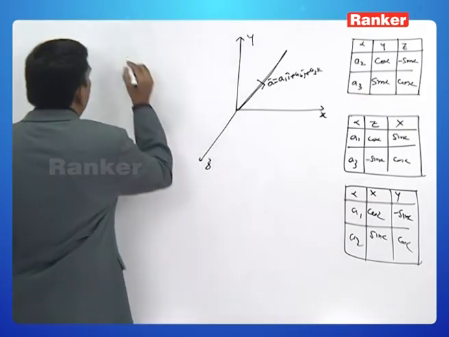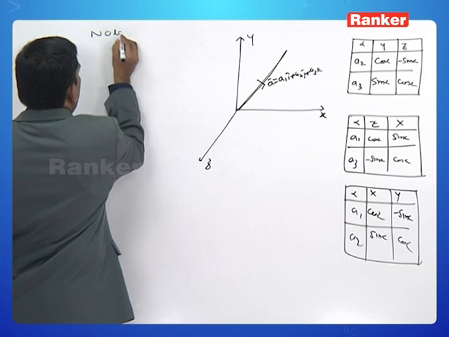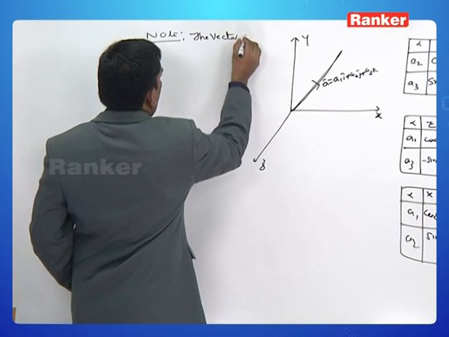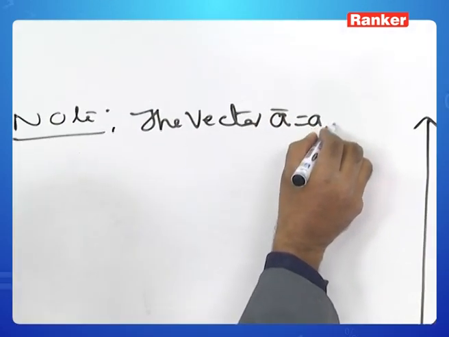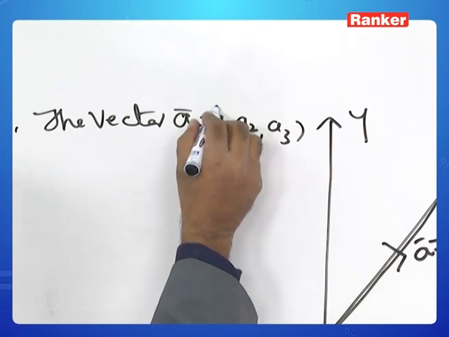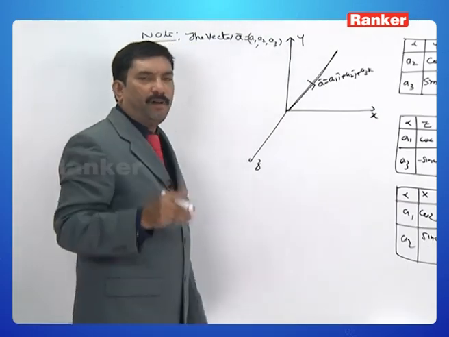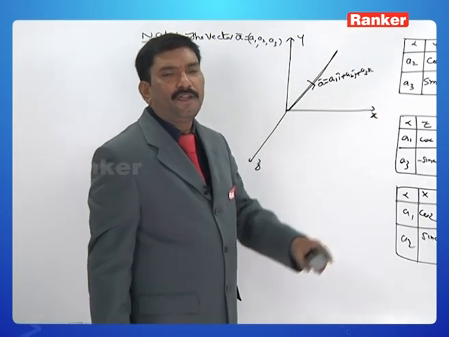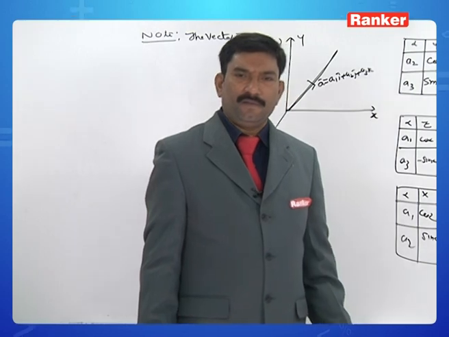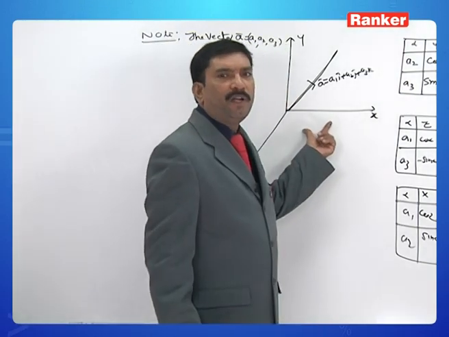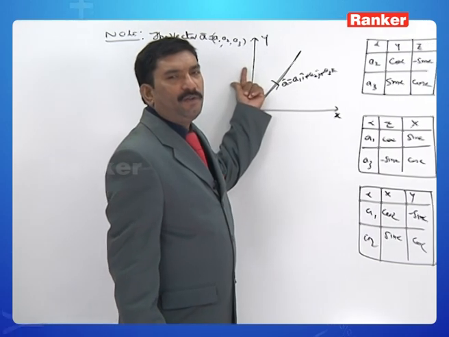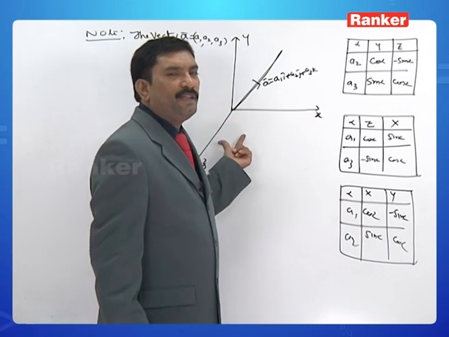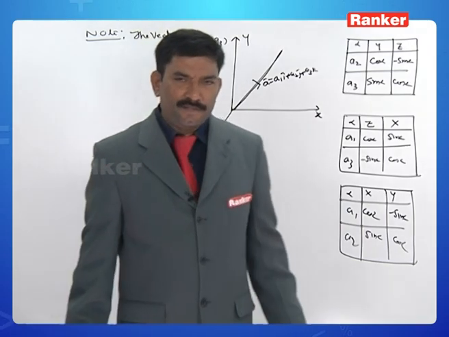Now I start. Note the vector a bar is equal to (a1, a2, a3), or else a bar is equal to a1 i plus a2 j plus a3 k, with a1 the component along the x-axis, a2 the component along the y-axis, and a3 the component along the z-axis.